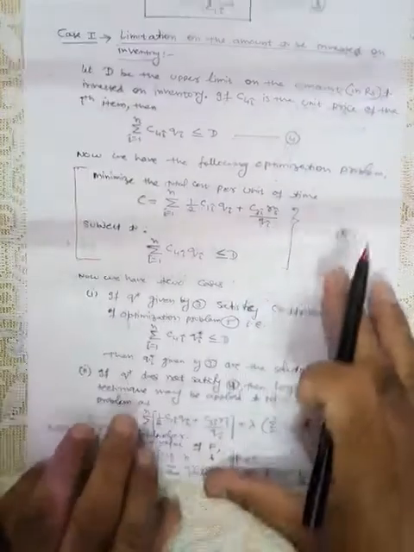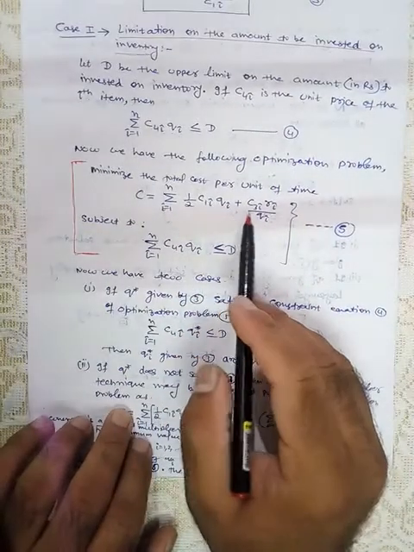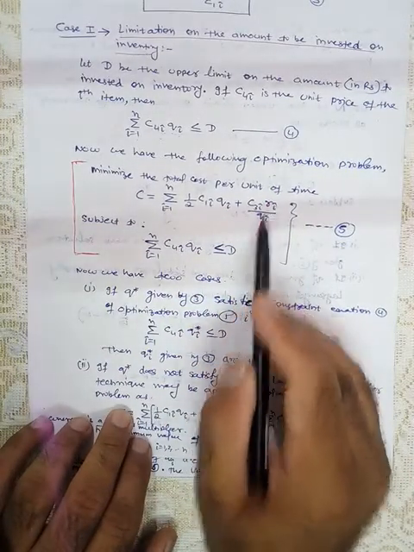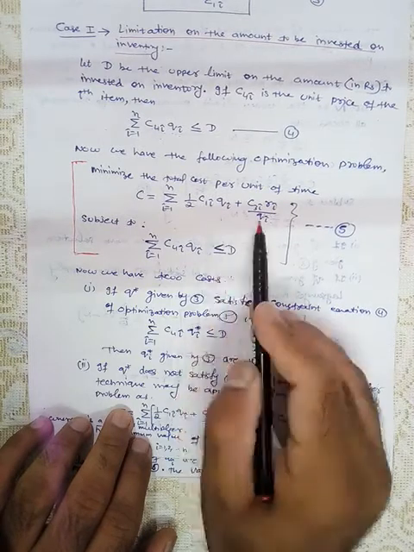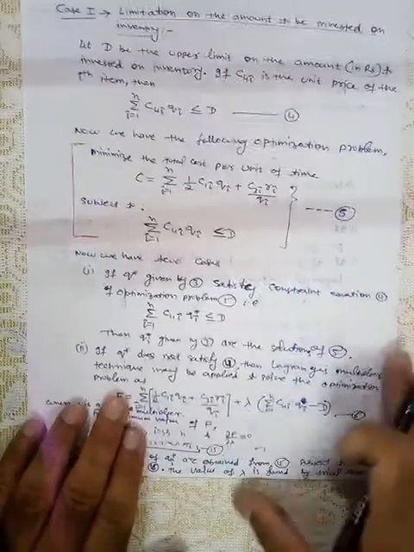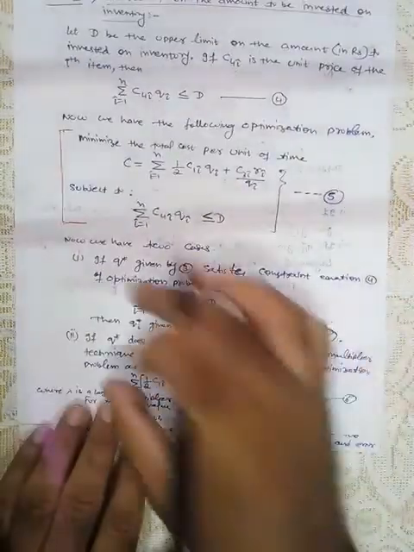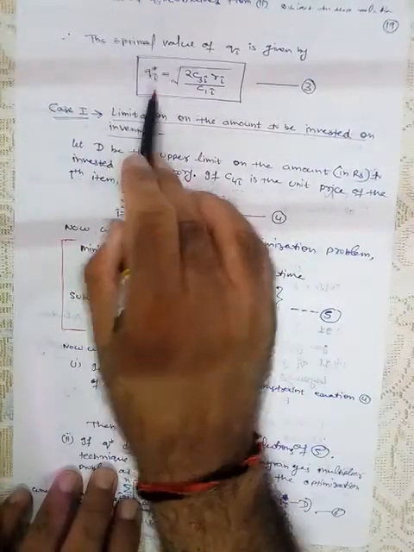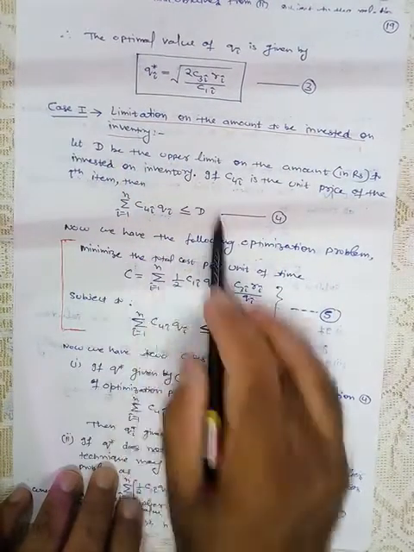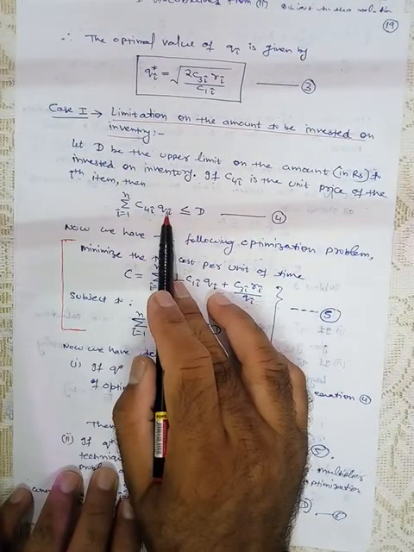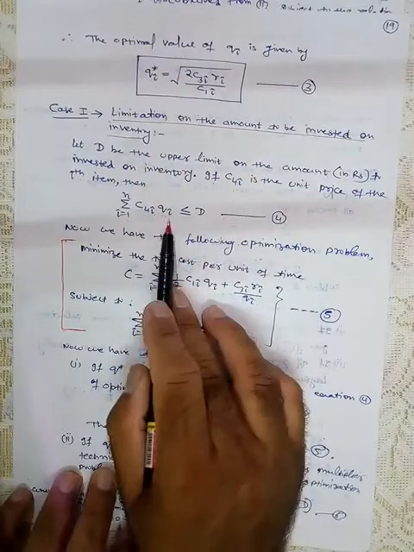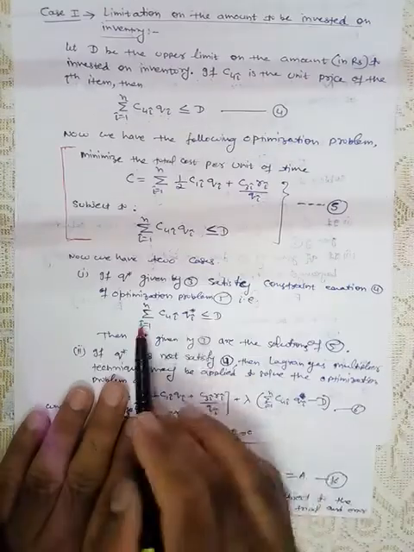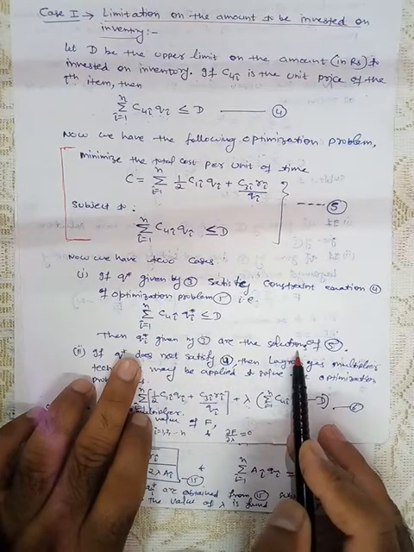Now, this is a non-linear programming problem. Why is it non-linear? Because 1 by Qi is here, and Qi is here. So to solve this problem we have two cases. First, it may be that Qi automatically satisfies the constraint. If Qi satisfies equation number 4, then this will be the optimum solution.